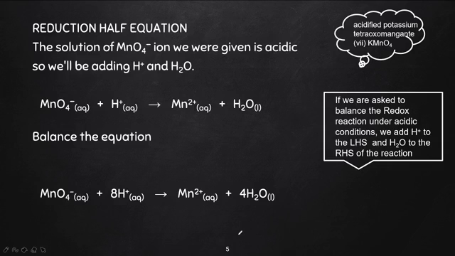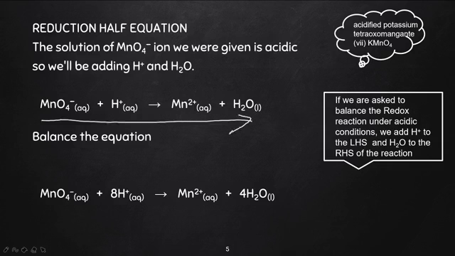And this is a reaction that occurs in the presence of water, and water most times acts as the solvent. So we balance this with water and hydrogen ion. The solution of MnO4 we're given is acidic, so we have to add hydrogen ion to the left hand side and water to the right hand side. On doing that, we end up with this.